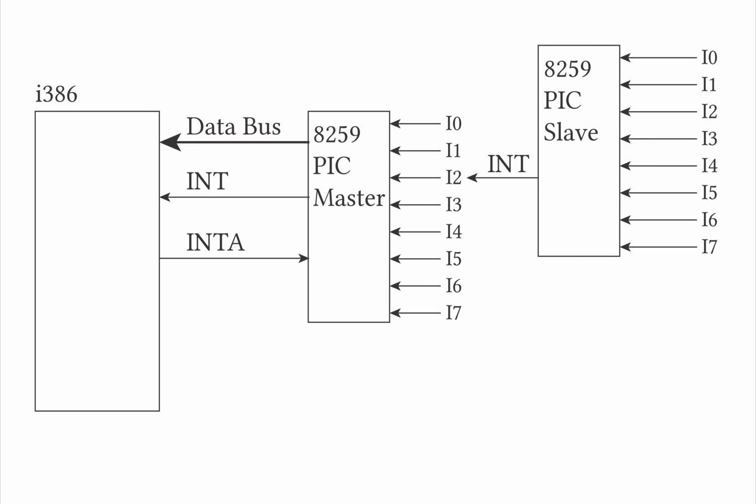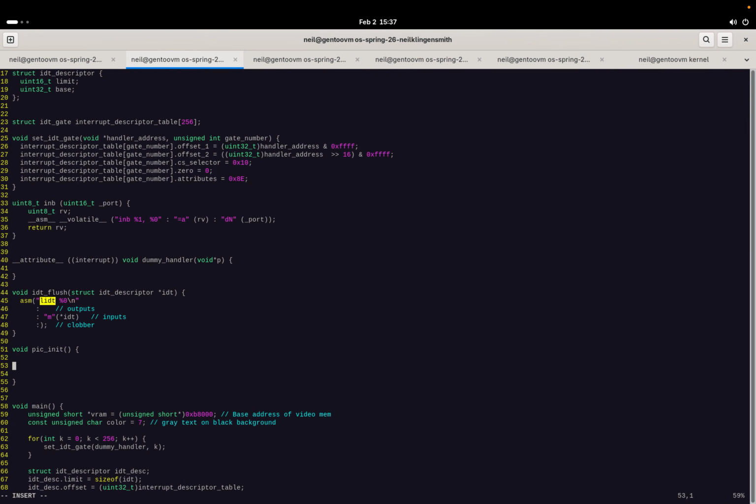Okay, so the base address of the primary PIC, the one that's connected directly to the 386, is IO port 20. So we will use an out instruction to transmit to IO port 20.